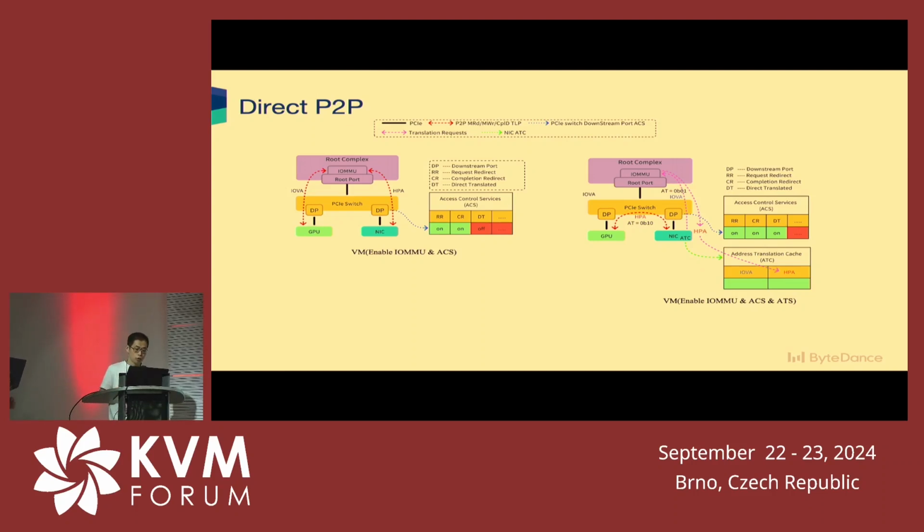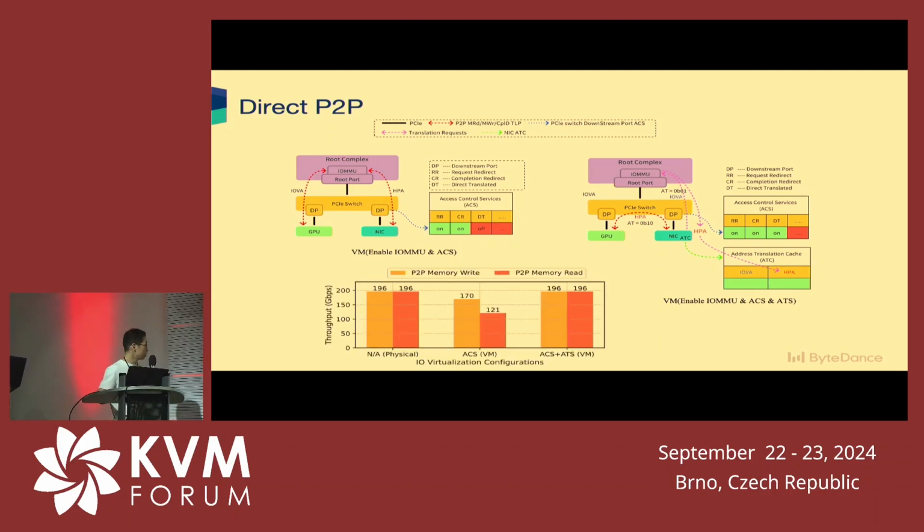If the direct translated bit is set and the AT field of the TLP is 10, the switch will believe that the TLP carries the HPA and will route this TLP directly, regardless of other ACS control bits such as request redirect. So through the above method, we can see that for the device with ATS supported in VM, the transmission path is the same as on the host with IOMMU disabled, and the performance is also the same.